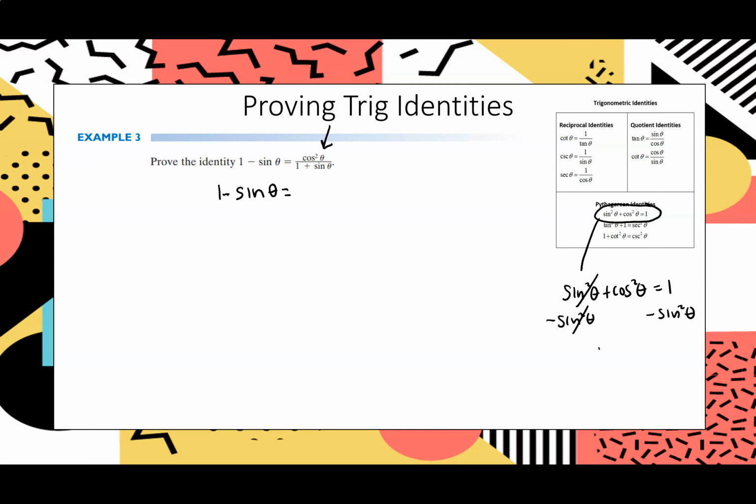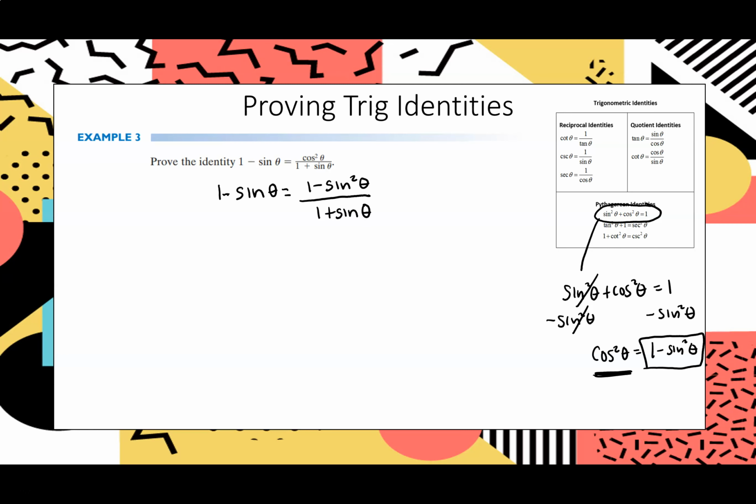And that's going to cancel, and I'm left with cosine squared theta equals 1 minus sine squared theta. So I'm going to take this right here and replace it because I've got cosine squared theta, and that's the same thing that I have right there. So I'm going to rewrite this numerator as 1 minus sine squared theta divided by 1 plus sine theta.